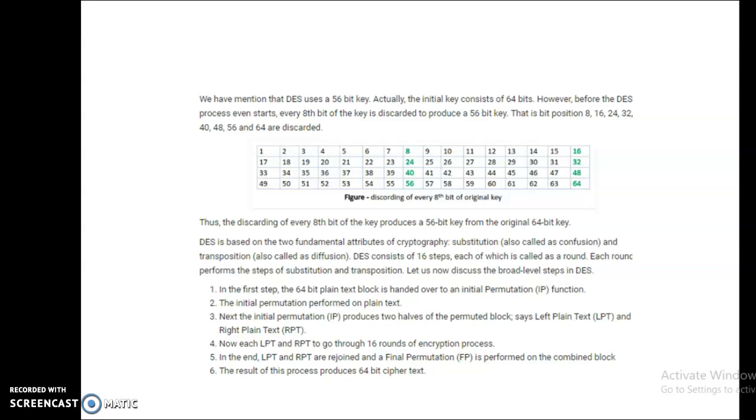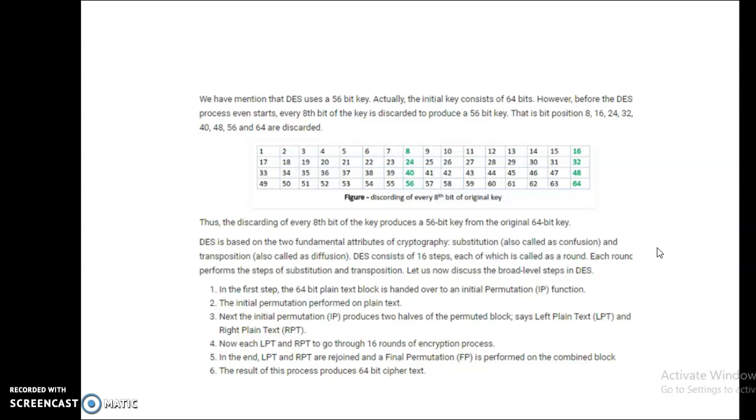Thus, every 8th bit is discarded from the 64-bit original key to produce a 56-bit key, like this is shown. The 8th bit is discarded, the 16th bit, 24th, 32nd, 40th, 48th, 56th and 64th bit are discarded.